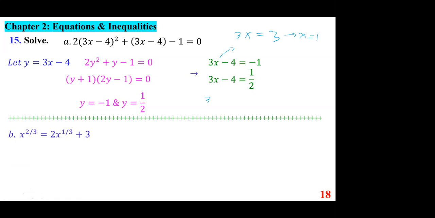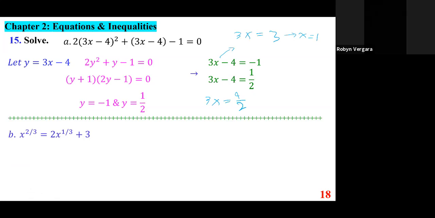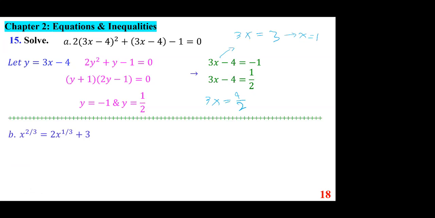And this says 3x equals, if I move the -4, it becomes 8/2, and 1/2 becomes 9/2. And we divide both sides by 3, and we get those two answers. Okay, everyone? How about the next one?